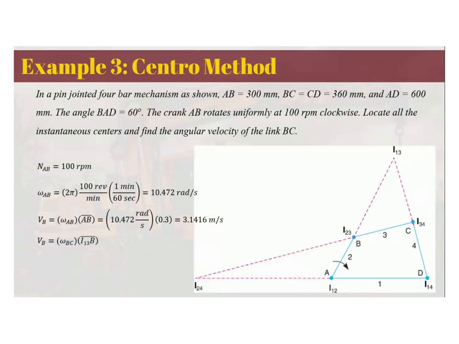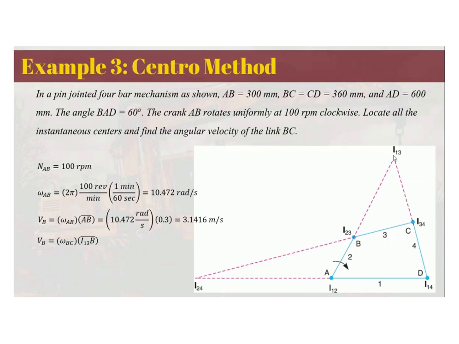The velocity of B is also equal to the angular velocity of BC, this unknown, times the distance, as we discussed in the concept. We can rearrange this to solve for the unknown, the angular velocity of BC, but first we need to solve for the distance I13 to B.